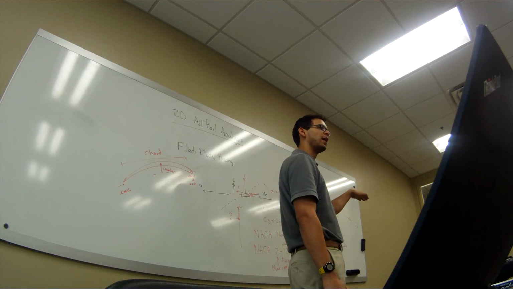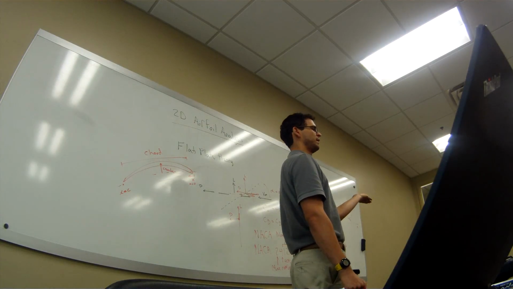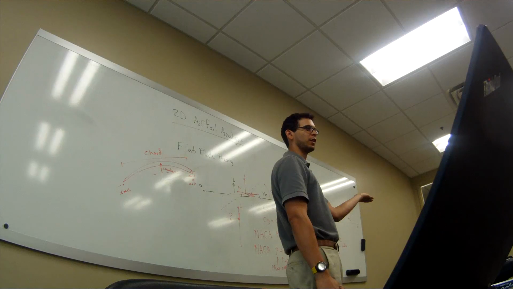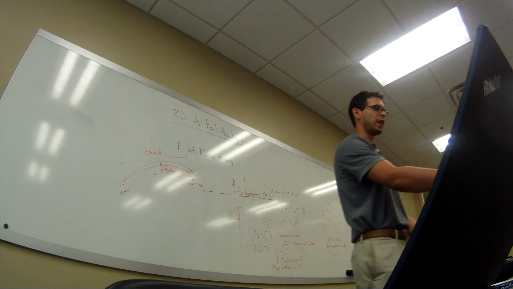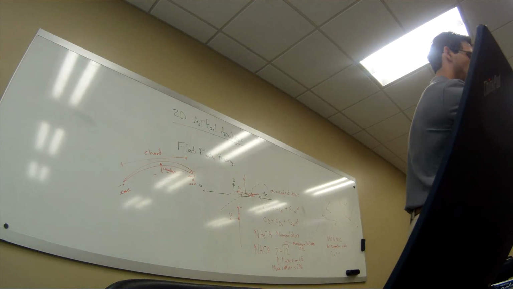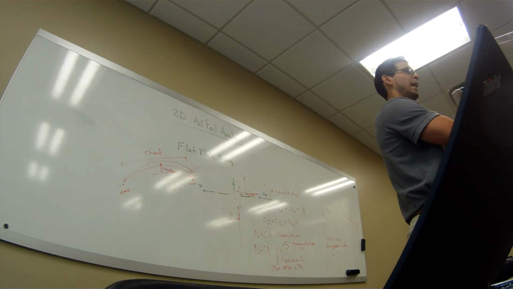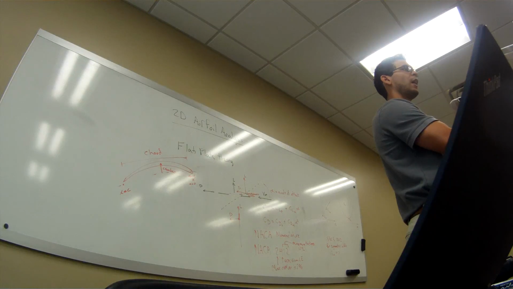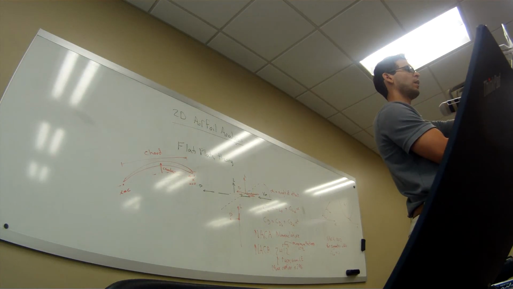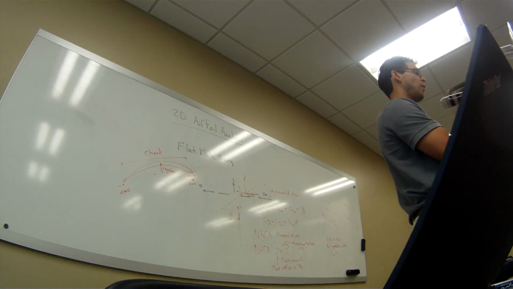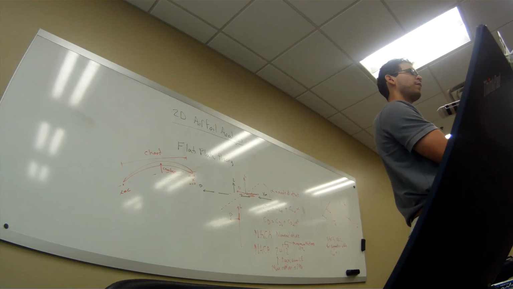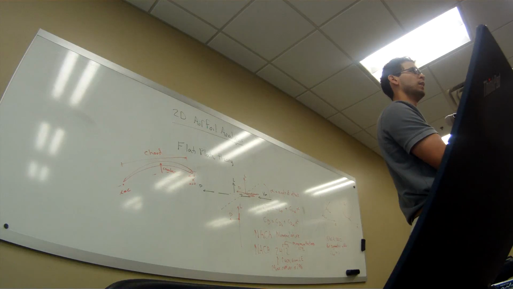Some people like that because if I want to fly upside down, now I've got a symmetric airfoil. But for say an aircraft like this, what if I always want the aircraft to fly flat, at an angle of attack of 0? Well, then I need an airfoil that's going to generate some lift even when the aircraft is flat. So I camber the airfoil a little bit, and that way when my angle of attack is 0, as long as I'm flying fast enough, I'll still generate some lift.